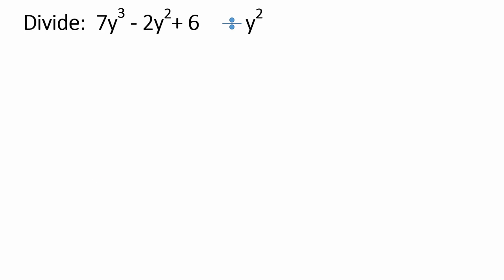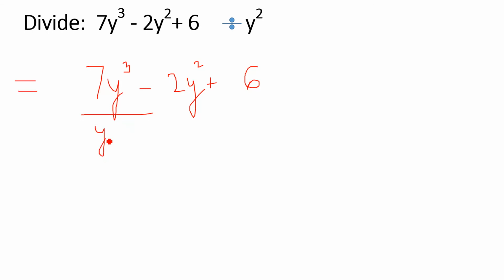One more question I will solve for you. It is 7y cube minus 2y square plus 6, divided by y square. It means this y square is dividing the first term, the second term, and the third term as well.